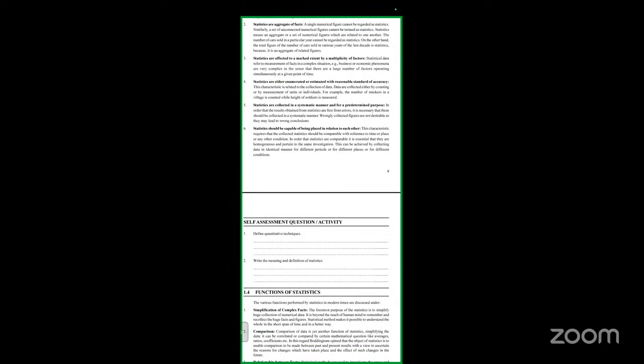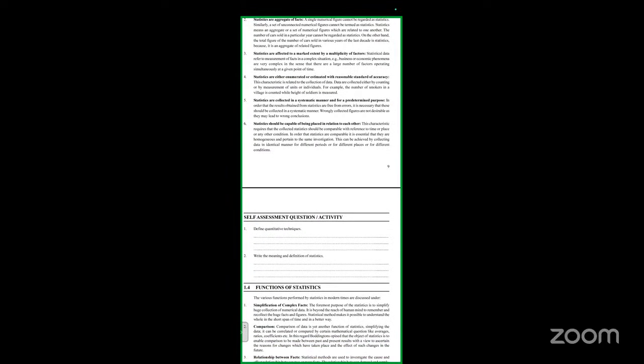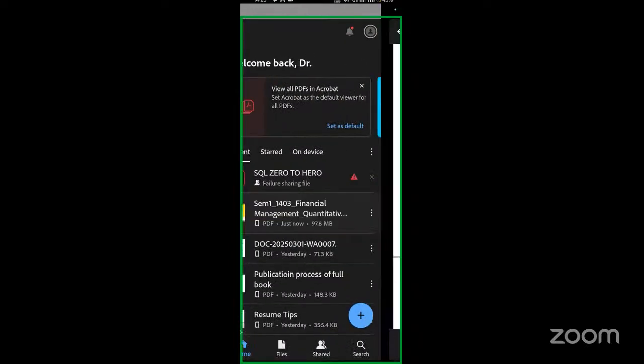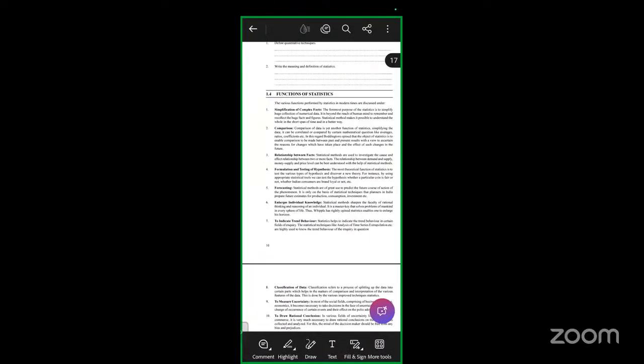Statistics should be capable of being placed in relation to each other. You can go through this and read these characteristics, because we have to complete 1 or 2 units today. Now the time is 2:30. We have only 5 minutes left over for 1:30.